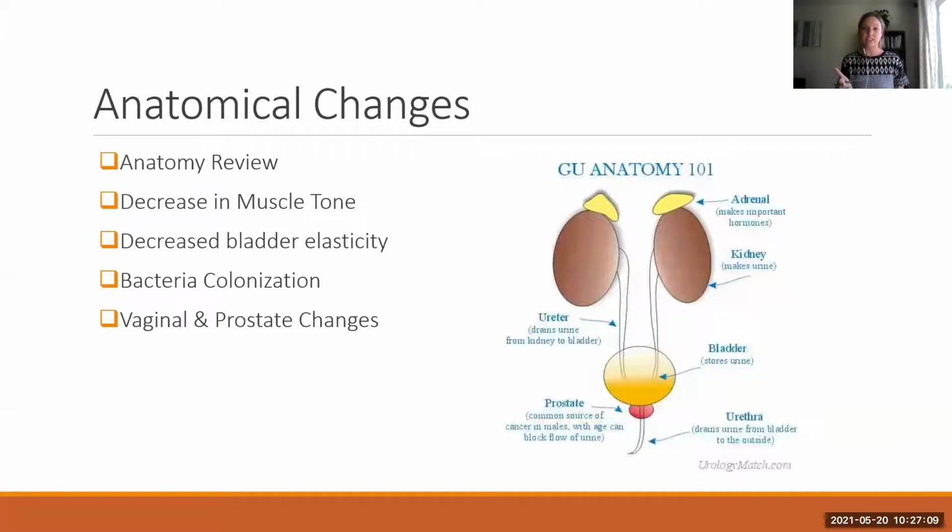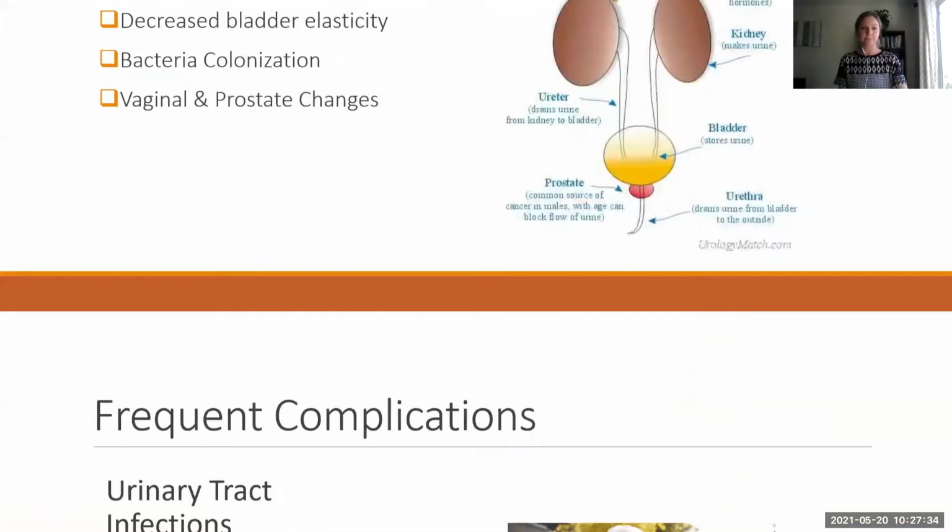So because of decreased estrogen, women are at high risk of UTIs. That's the first thing. And then for men, prostate changes. The enlarged prostate is a giant risk factor for UTIs, urinary incontinence, and urinary retention. We're going to talk about that soon. But the existence of a prostate and an enlarged prostate is a risk factor that's specific to men and not to women.